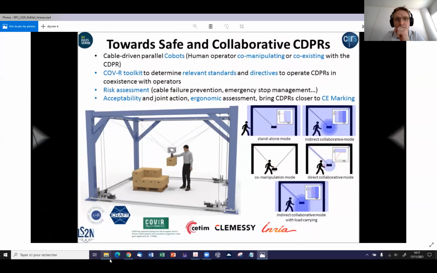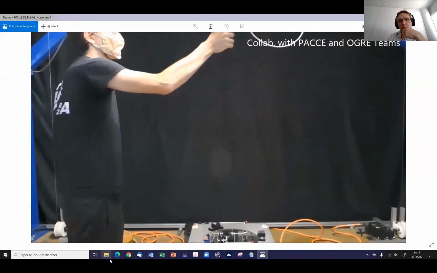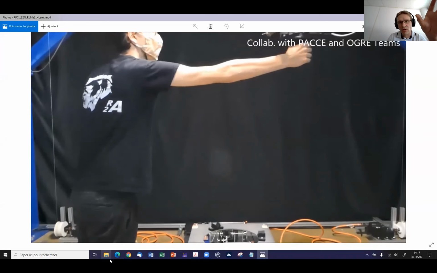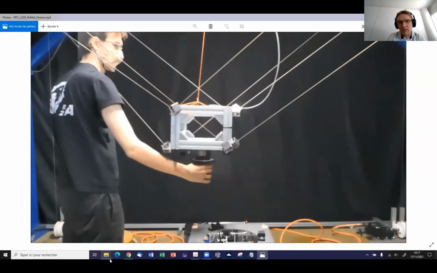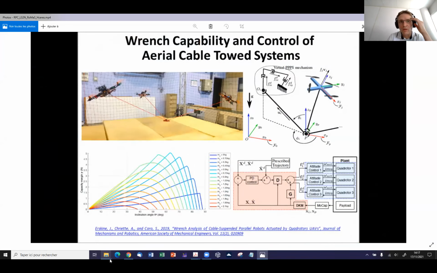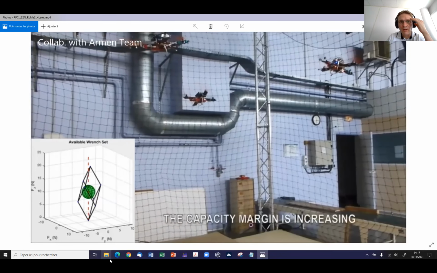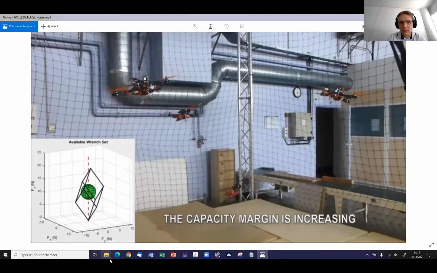Here we mainly focused on visual servoing with an embedded camera, and some current work on collaborative CDPR with a focus on the determination of standards and recommendations for the development of such robots. Another type of reconfigurable CDPR is one where we simply replace the mobile bases by some aerial drones.